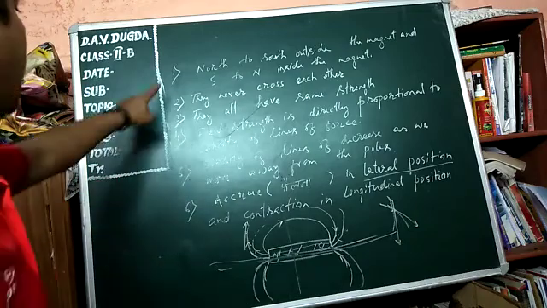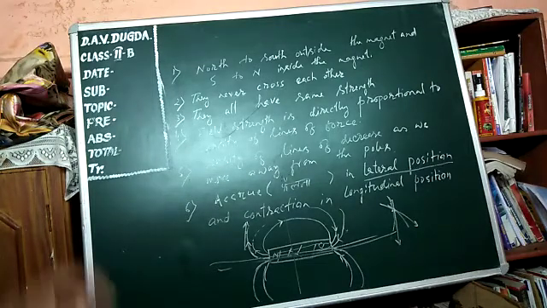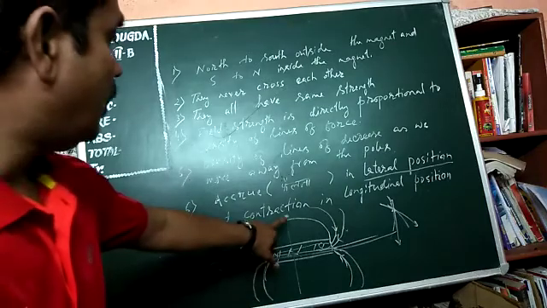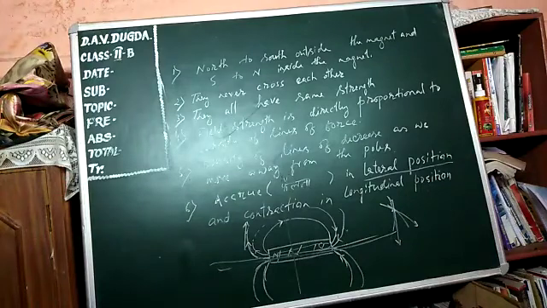So these are the six basic properties. You can add one more, a seventh. I am telling you, you can also write a seventh property if you wish. The seventh property is that the tangent drawn at any point on the curve of magnetic lines of force gives the direction of the magnetic field.